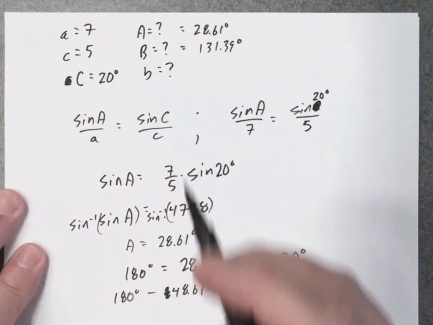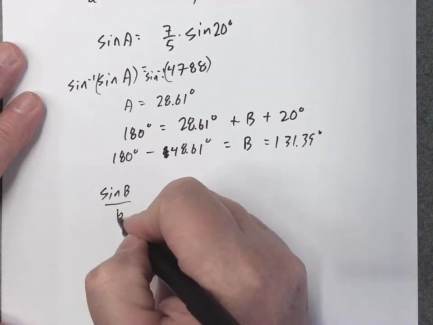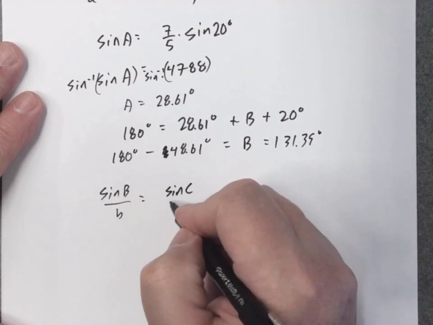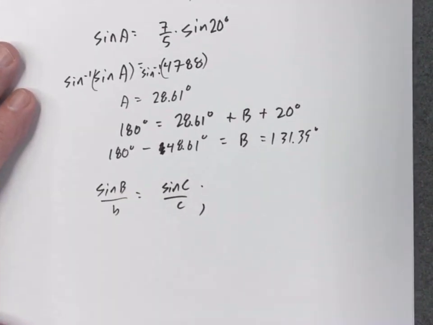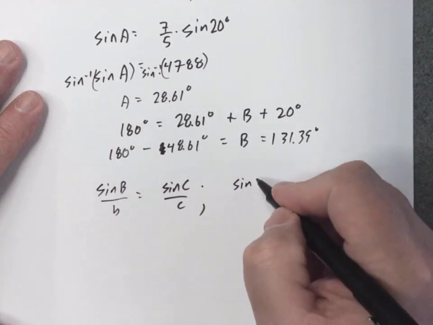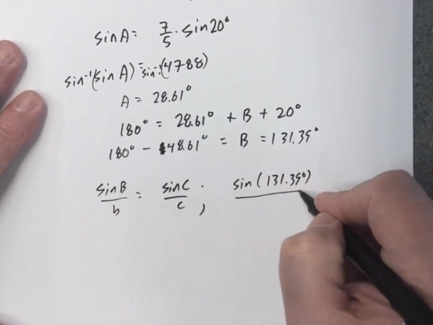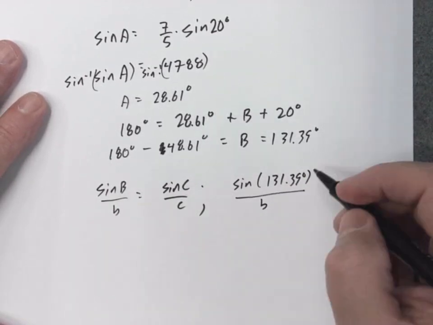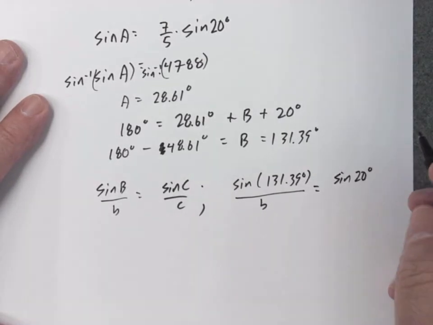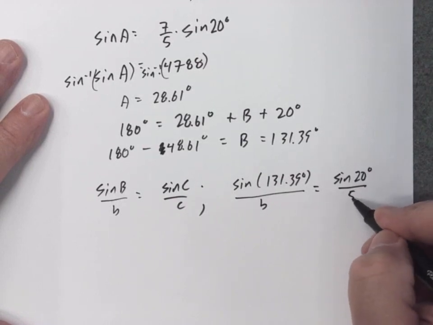Let's do it between B and C. So the sine of B over side B equals the sine of C over side C. So sine of angle B, I know angle B is 131.39, over B. The sine of angle C is the sine of 20 degrees over side C.